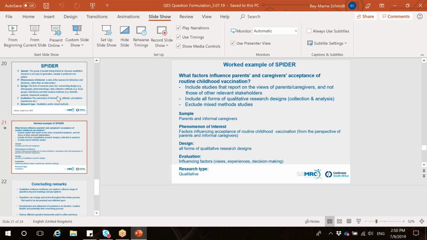If it was for QESs, it would have to have used qualitative research methods. So, for example, in some qualitative evidence synthesis, one might include mixed method studies, but one would still have to assess whether qualitative data analysis and data collection were used in the qualitative component of that mixed method study.